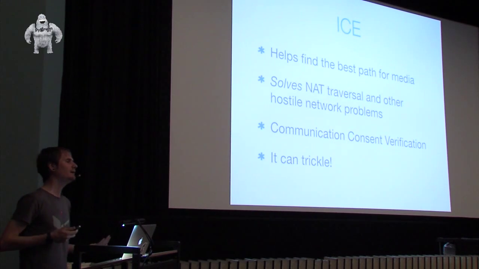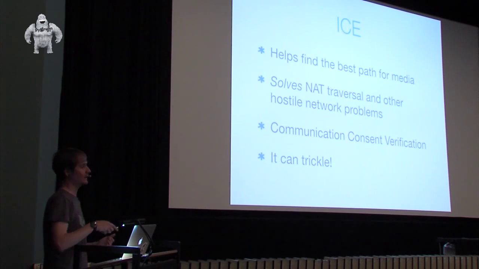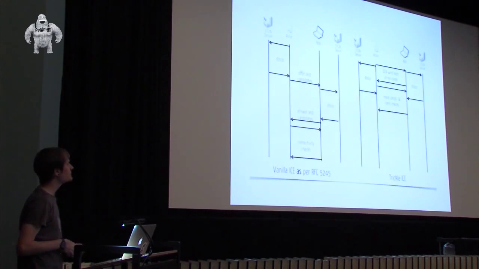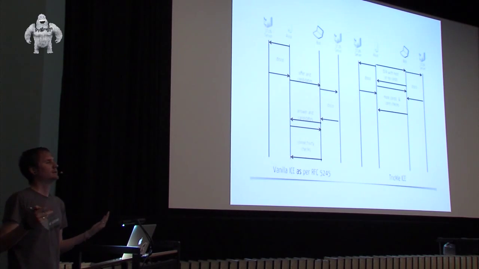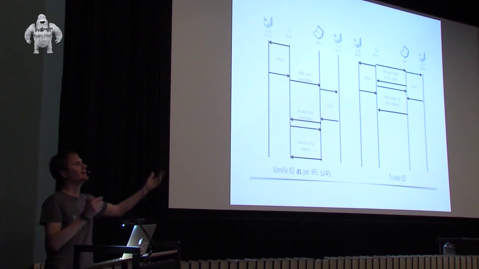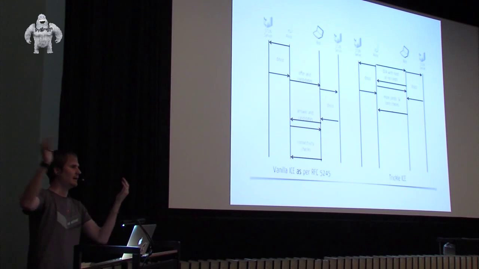And one thing that WebRTC brought into ICE, which wasn't new, was trickling, or ICE trickling. So in regular ICE, which is this part over here, both participants gather the candidates, then build the SDP, then they send it, and the other party does the same, and it sends it.